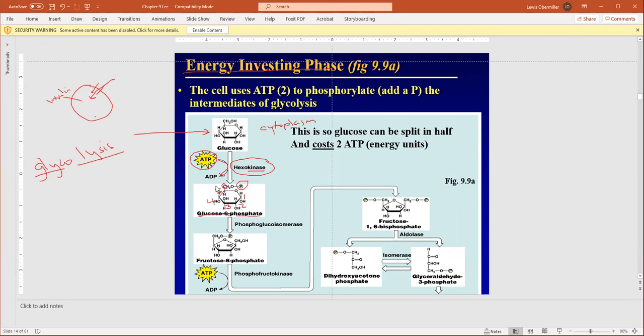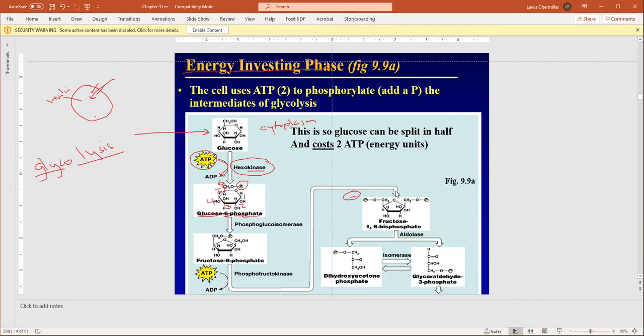And then this is the 6 carbon. So this is a glucose molecule with a phosphate added to its number 6 carbon. That's what hexokinase does.